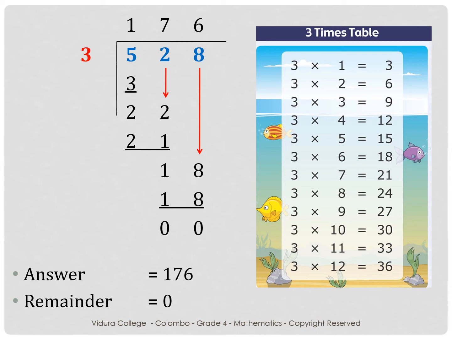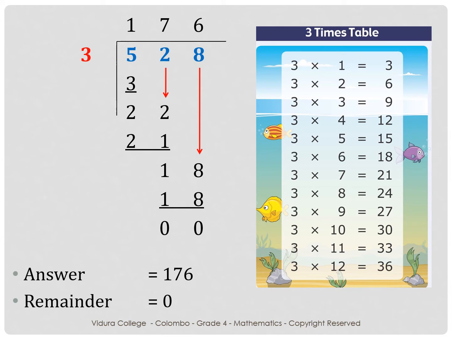So, now we want to repeat those 4 steps to divide the next digit again. Now here, children, we want to consider not only 2 but 22. So, we want to find how many 3 times are there for 22.